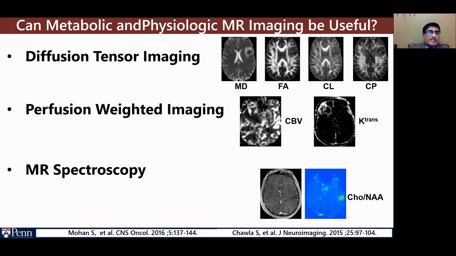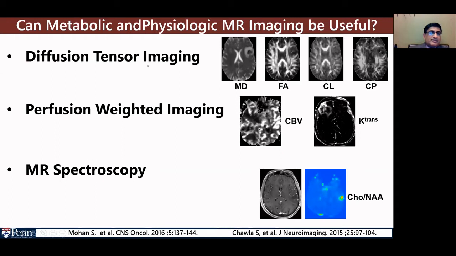To answer that question, we have been using different advanced imaging modalities in the last several years. So today, I'm going to show our initial experience and our past experience of using metabolic and physiologic MR imaging in evaluating treatment response, not only to the established therapies, but also to the novel therapies.